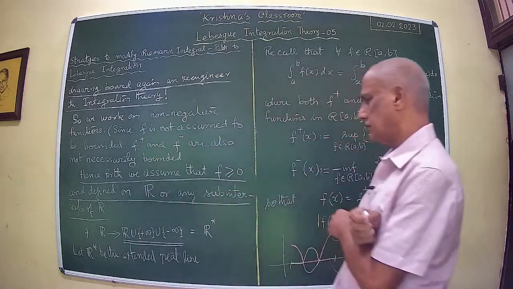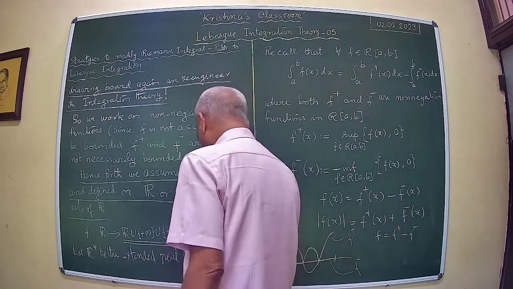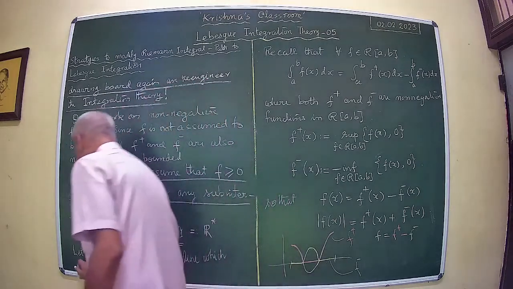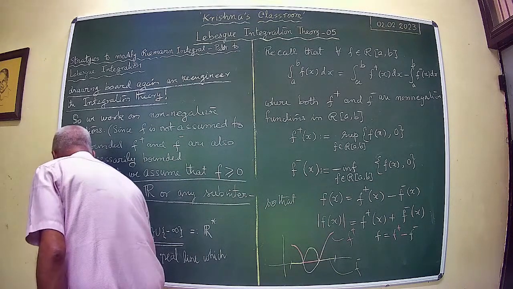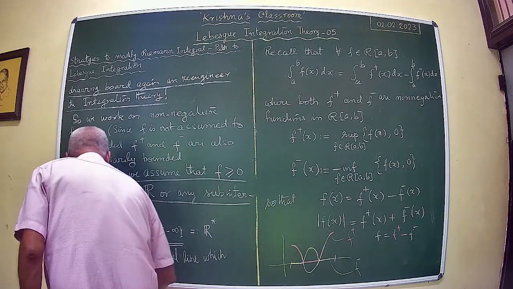The real line, which includes plus infinity and minus infinity.